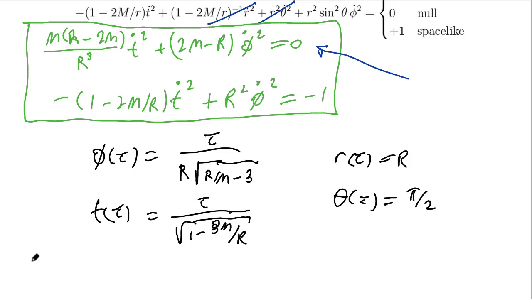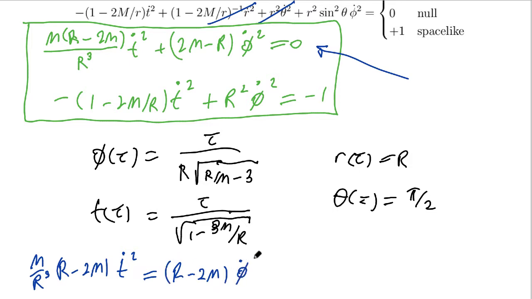If we write this out, we have m over r cubed times r minus 2m t dot squared, and bringing this term to the right-hand side, let me write 2m minus r as r minus 2m, so absorb that minus sign in that factor, times phi dot squared. Now you see these two terms cancel.